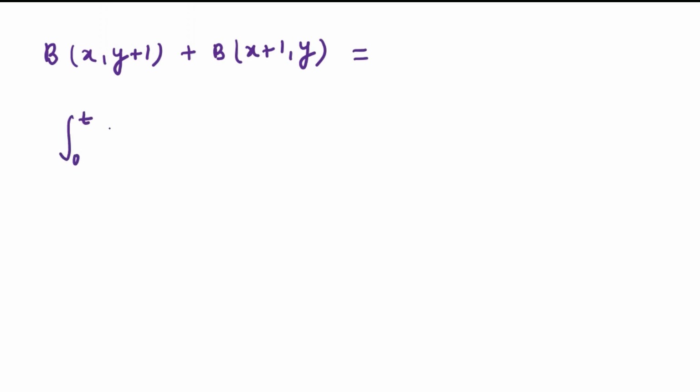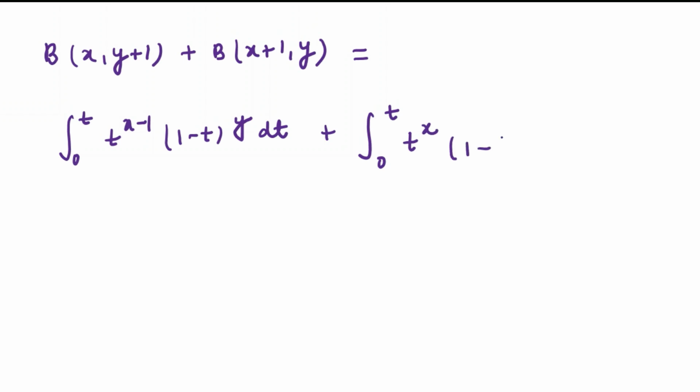So B(x, y+1) + B(x+1, y) will be the integral from 0 to 1 of t^(x-1) (1-t)^y dt, plus the integral from 0 to 1 of t^x (1-t)^(y-1) dt.